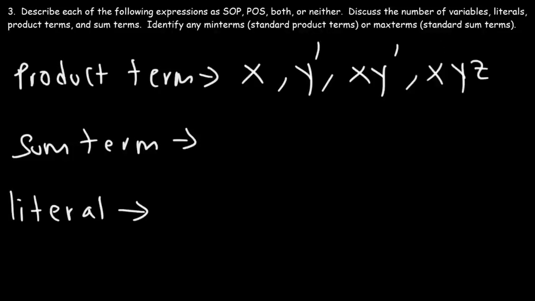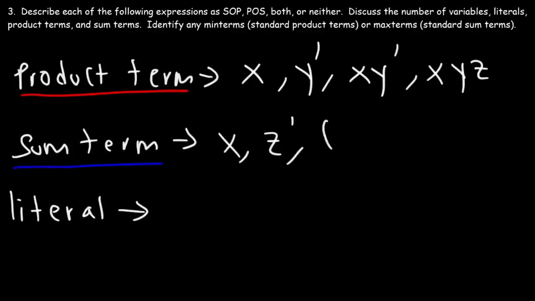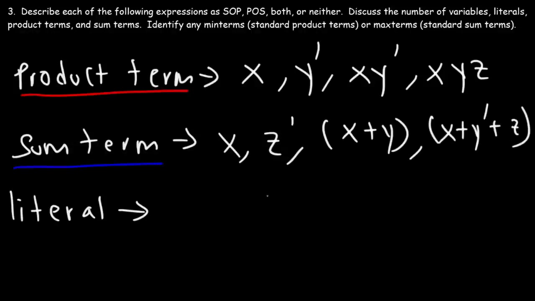So those are product terms. A sum term can be an individual literal. It could be x, it could be z prime, or it could be a sum of multiple literals like x plus y, or even x plus y prime plus z. So those are sum terms. And a literal is just a variable. It could be x, y prime. It could be complemented or uncomplemented. So that's a literal.